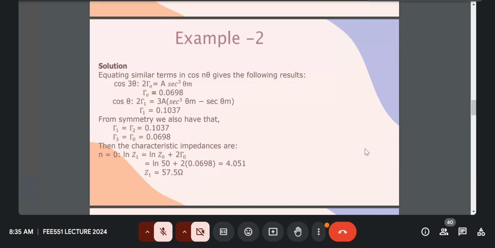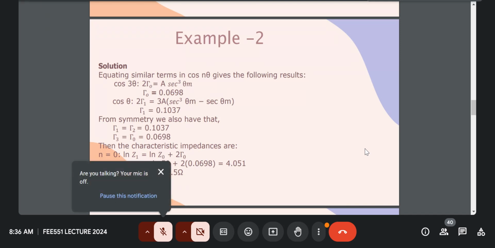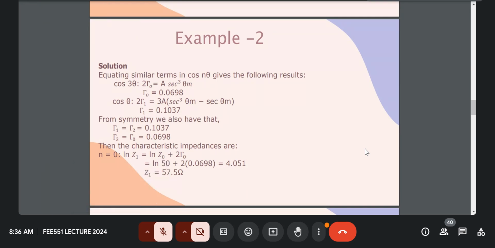Using n equals 0, we're using the reflection coefficient gamma 0 and the impedance Z0, which is the characteristic impedance given in the question. So then we get the natural log of the first characteristic impedance is equal to the natural log of the characteristic impedance plus 2 times the reflection coefficient gamma 0. Then we have the first characteristic impedance.